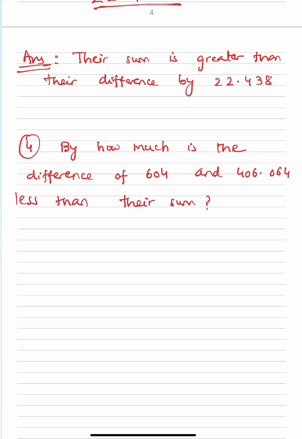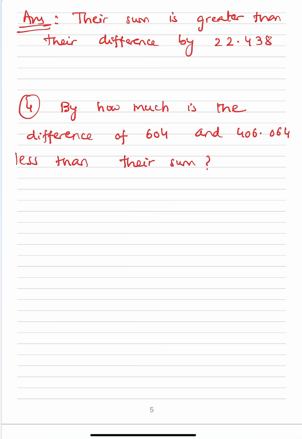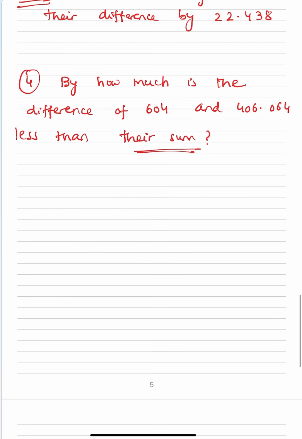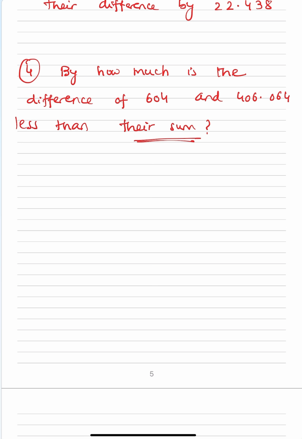Okay, again the same question but asked in a different way. By how much is the difference of this is less than their sum? Okay, the other was greater and this is less than. So first we will subtract them. The difference it is asked.